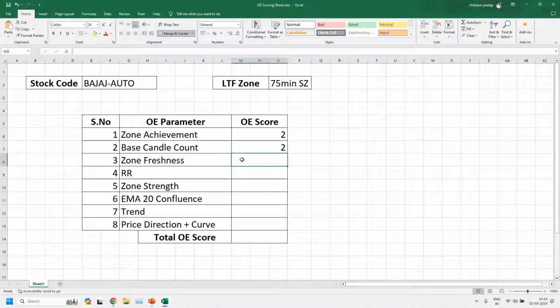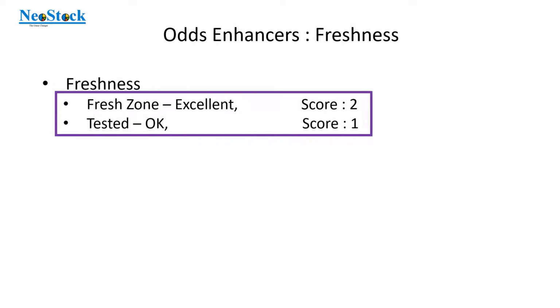And the third parameter is zone freshness. Is it a fresh zone or is it a tested zone? So what score are we giving? If it is a fresh zone, we call it excellent and give it score 2. If it is a tested zone, we consider it okay and give score 1.